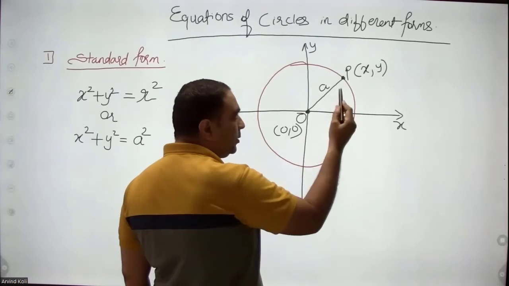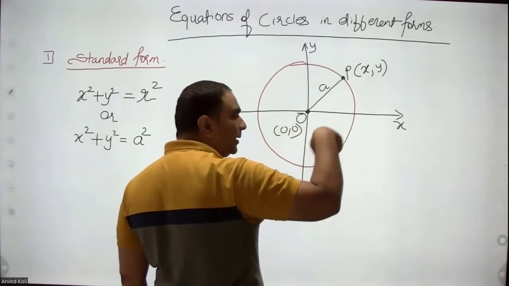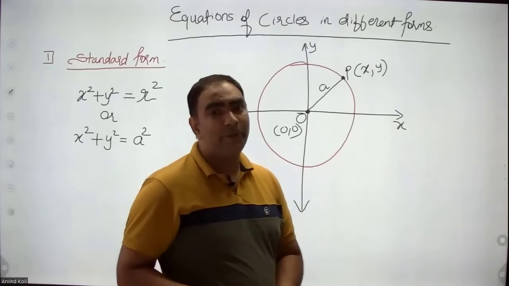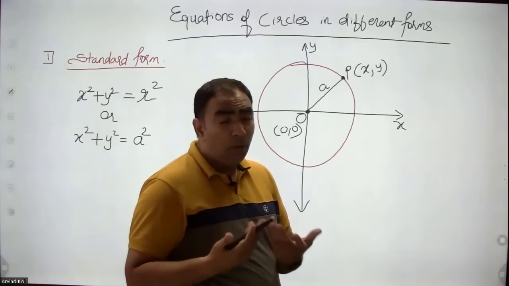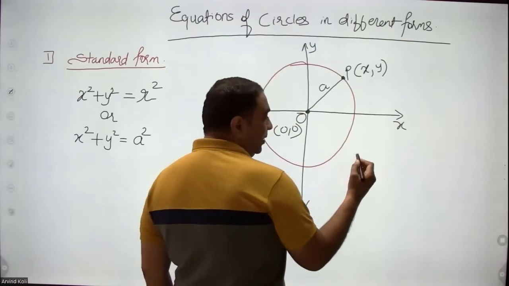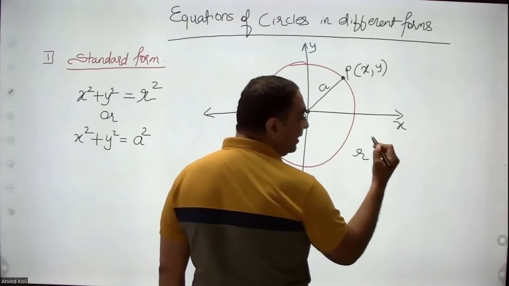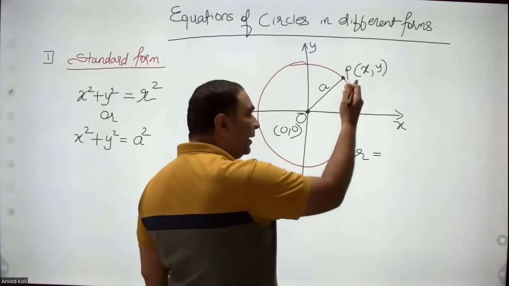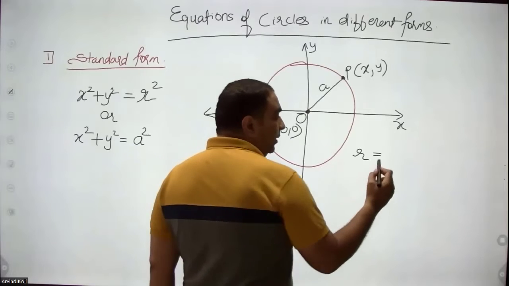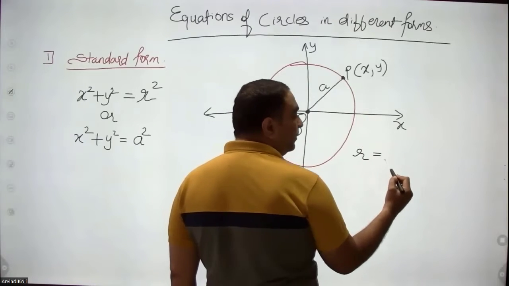Now students, for a circle, OP is the radius and radius is constant. Radius is constant. We all know very well. For a same circle, the radius will remain constant. So radius find करने का formula क्या है हमारे पास? Radius can be found over here by using distance formula. तो I'll apply distance formula.